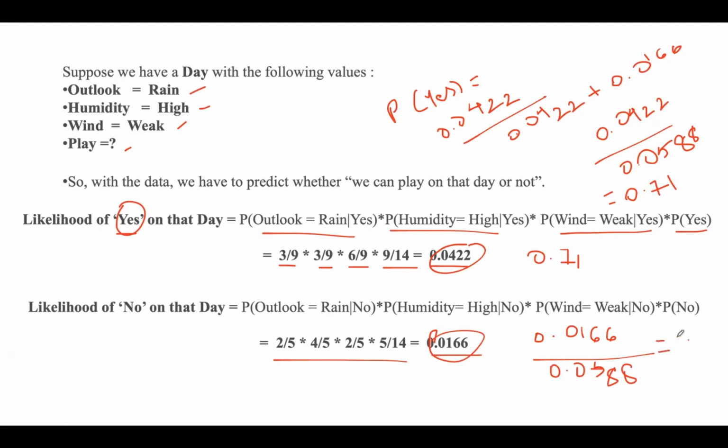This is 0.29. So here our model predicts that there is a 71% chance that there will be a game tomorrow. So this is how we can predict whether we can play on that day or not.